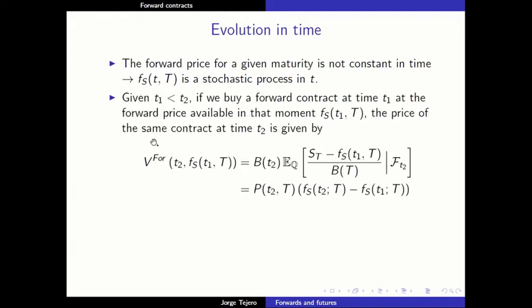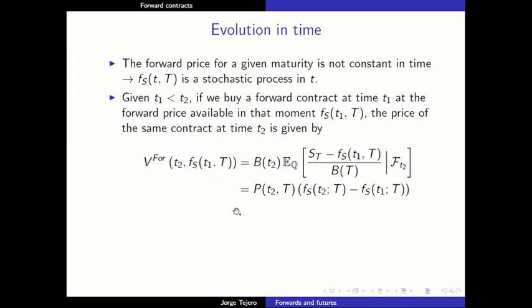So given two dates T1 and T2, if we buy the contract at T1 at the forward price at that moment in time, so if we buy the contract with this delivery price, the contract is going to have 0 value when we buy it. The value of the contract at some future time T2 is going to be given by this expression over here.